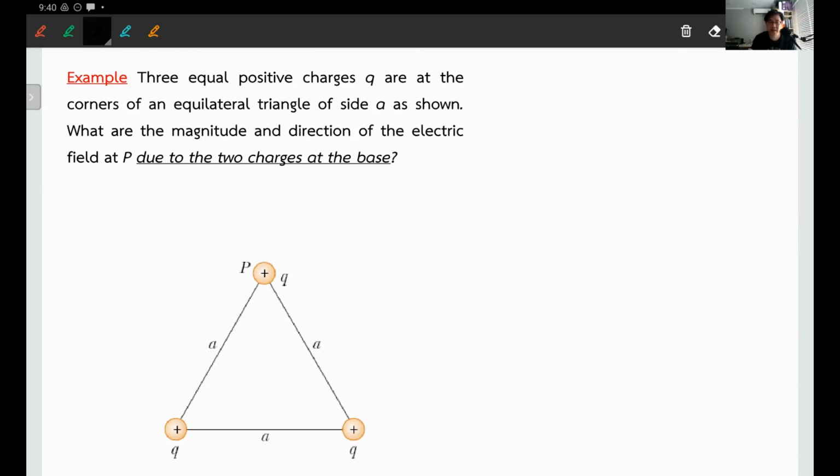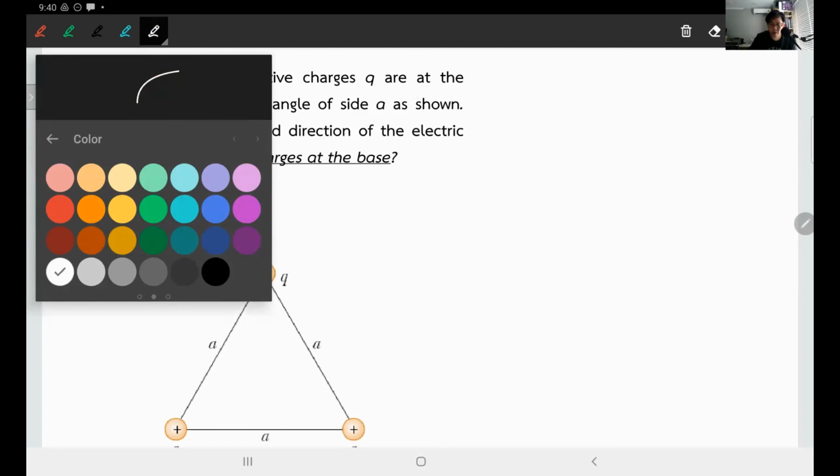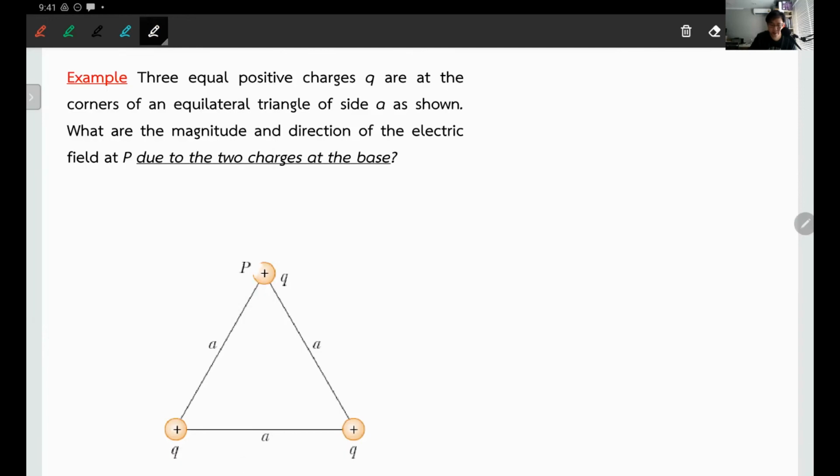So I think this is another problem where it's intentional to have three charges here, but we're only asked to figure out the electric field at the top of the triangle, at point P. What I'm saying is you actually don't care that there is a charge at point P. You guys with me?